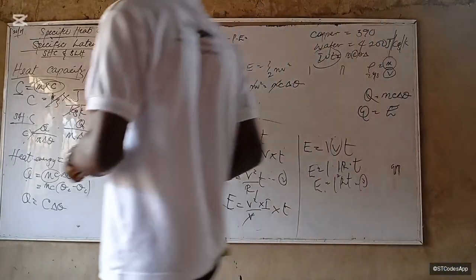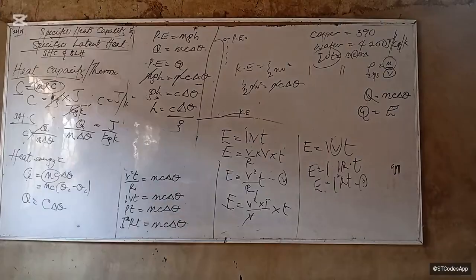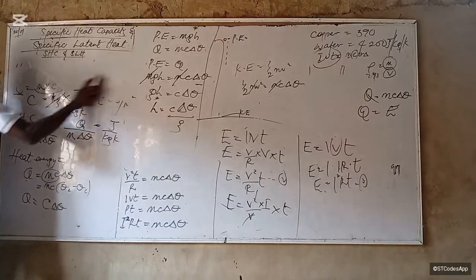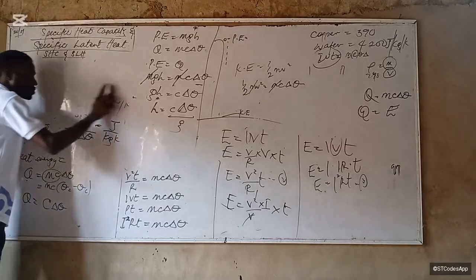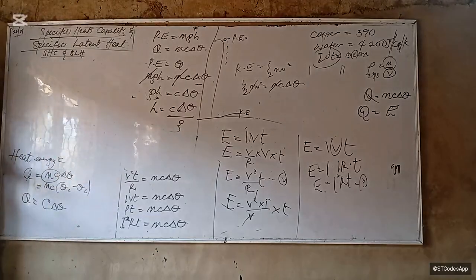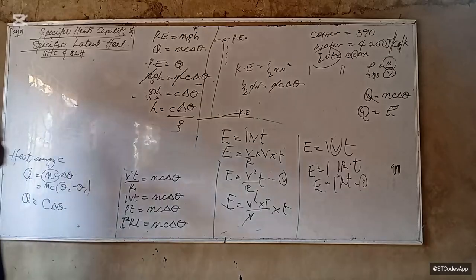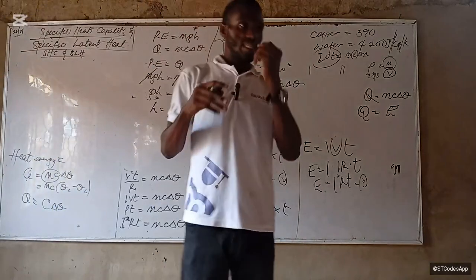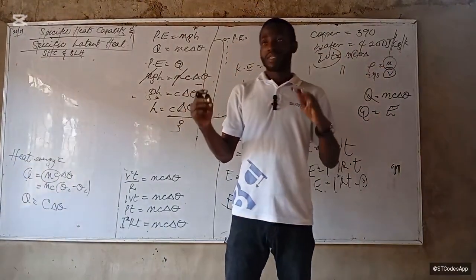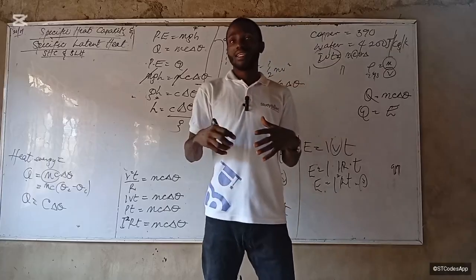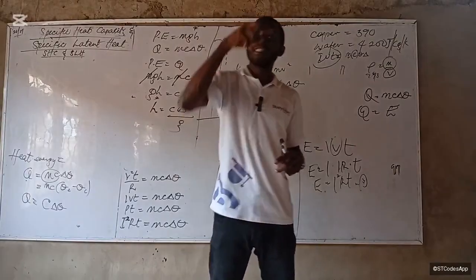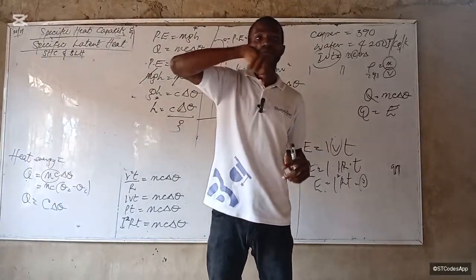Alright, now let's talk about calorimetry. That's another form in which the formula can exist. By calorimetry, we mean, and this is the layman explanation of it, there is a container, there is something that has an amount of heat, and there's another thing that has a lower amount of it, and you want heat to move from one medium to the other.